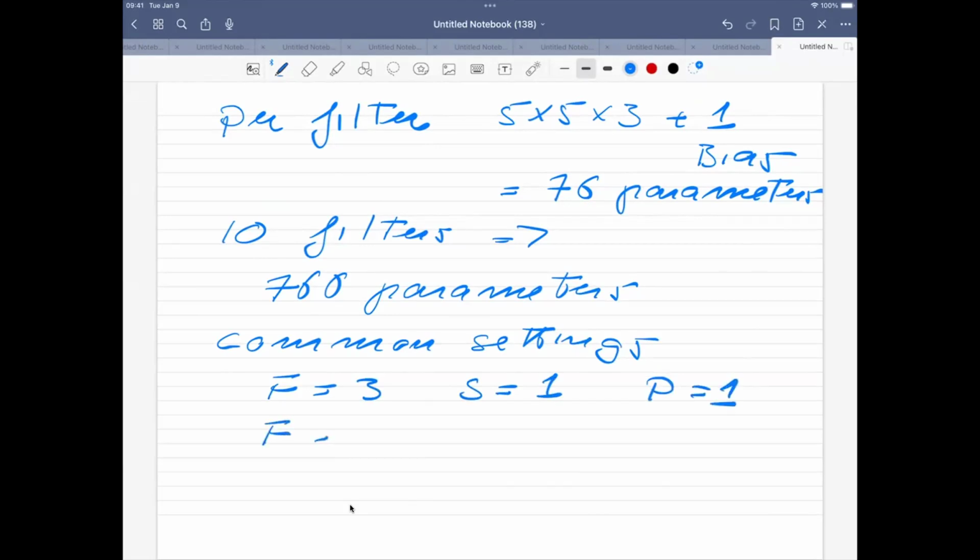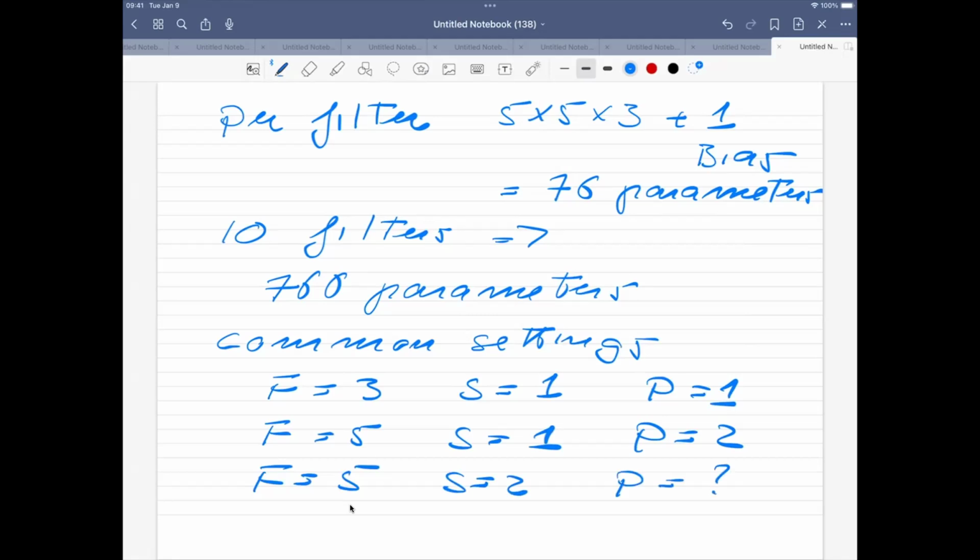We have an f equal to 5, and s equal to 1. So these are common choices which people end up using. And then we have f equal to 5, and s equal to 2. And this padding is normally chosen as the one which fits best. So we often see that whatever fits best.